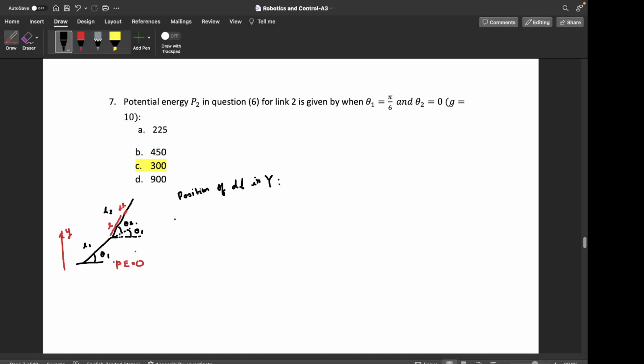The joint is at a height L1 sine theta 1, right? And from here we again go up L sine theta 1 plus theta 2, right?